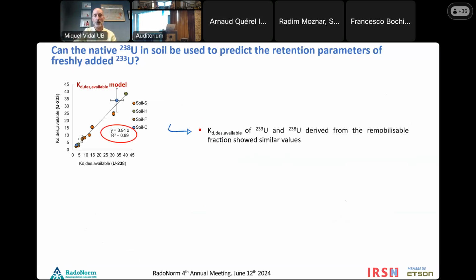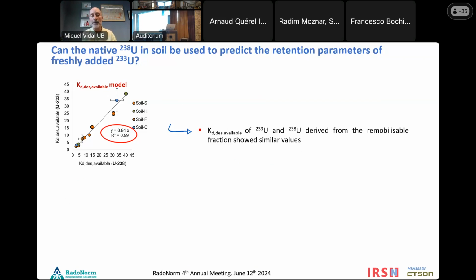But if we apply this two-box model, on one side, we can see that if we take into account in the data set all the soils sampled over the 4 times, and we create this kind of population, and we compare the available desorption KD from the recently added uranium with respect to the native uranium, we see that there is a beautiful correlation with a slope near 1.